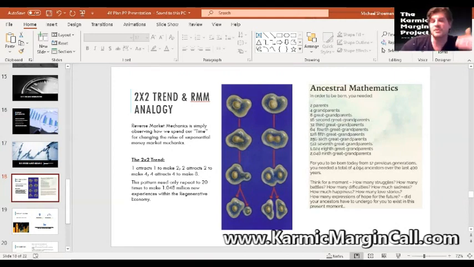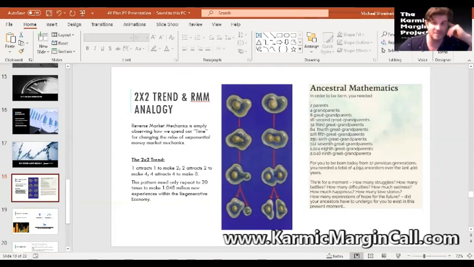So you look at it, you have two parents, four grandparents, 8 great-grandparents, 16 second great-grandparents. So it goes down to 32, 64, 128, 256, 512, 1024, 2048, 9th great-grandparents. For you to be born today from 12 previous generations, you needed a total of 4,094 ancestors over the last 400 years.